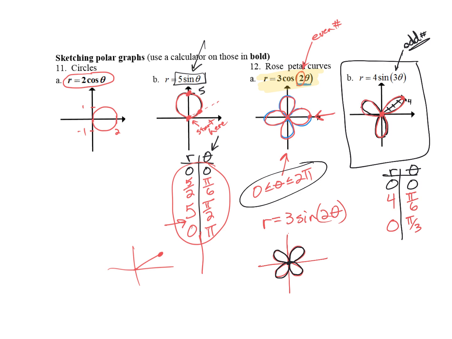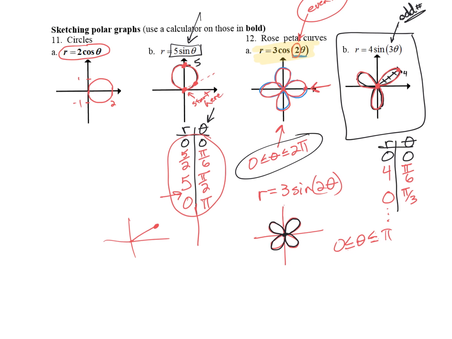You only need the values from 0 to pi for theta on this to get the complete 3 petals. So the only time you're going to need the whole thing from 0 to 2 pi is if you have an even number of petals, because basically you've got to go around twice.